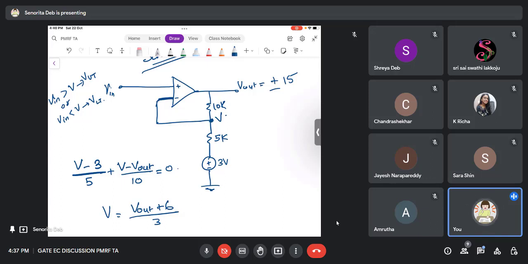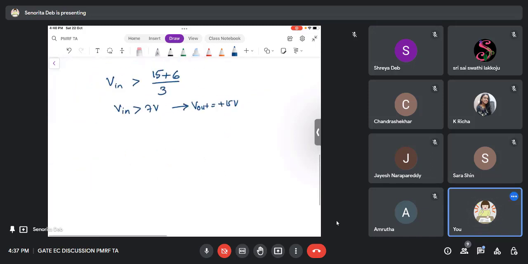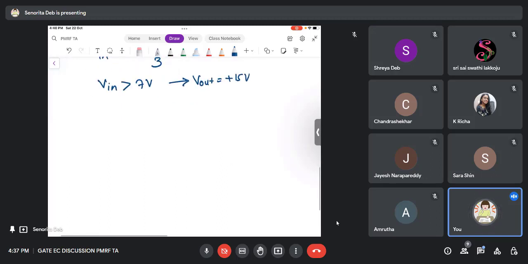Now I put Vout as plus 15. That will happen when Vin is greater than some value, and that value is what we have to find in the question. That value is called the upper threshold or lower threshold, UTP or LTP. So this value is VUTP, 7 volts.